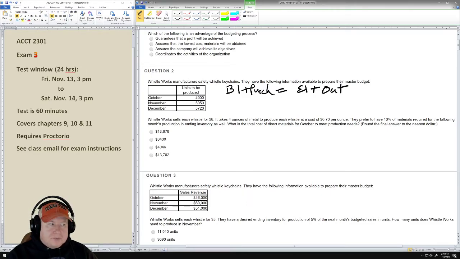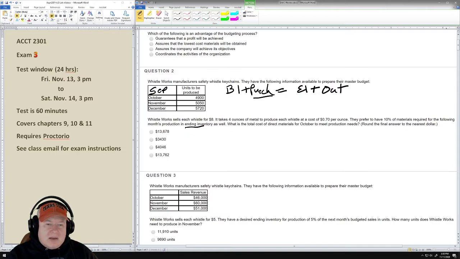So here, what do we think? What is the total cost? What are going to be the purchases? We need to figure out beginning inventory, ending inventory, and what left. They prefer to have 10% of materials required for the following month. So for October's beginning inventory, if we had a fictitious September, September's ending inventory is 10% of the next month.